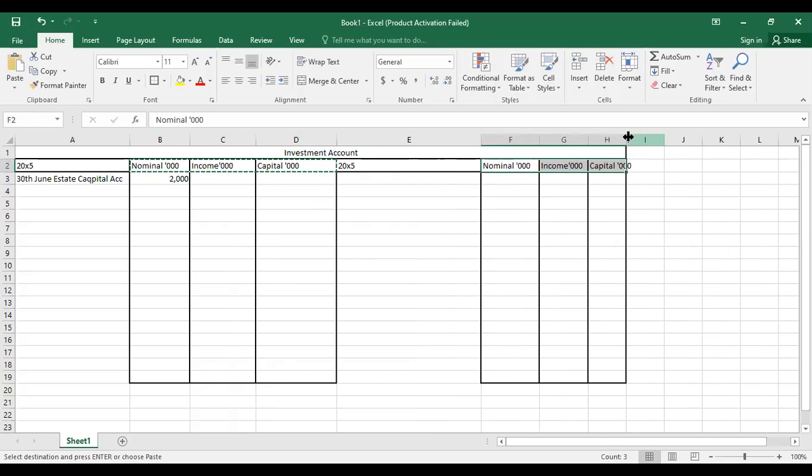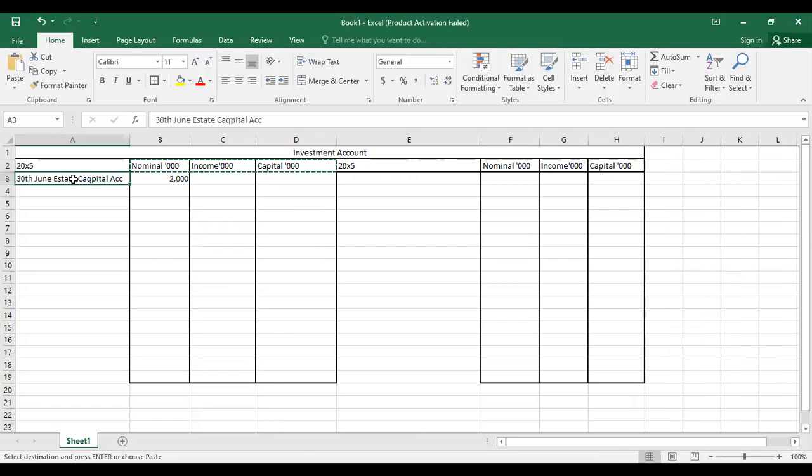So we've done the first transaction, and this transaction will be done immediately. This is capital. Immediately we have the death announced, we are going to credit the capital account and we are going to debit the investment account.